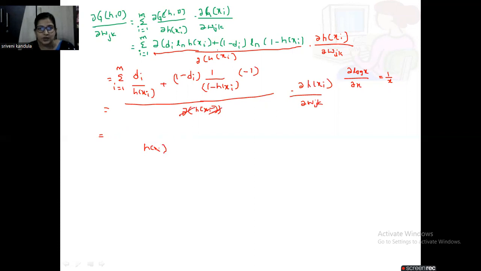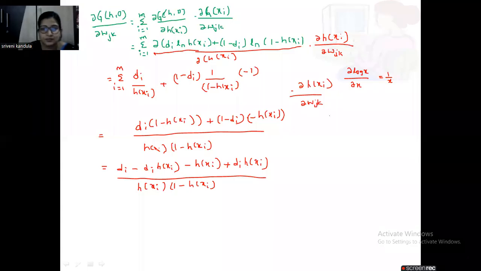This term will vanish because we applied a partial derivative. So if I simplify this, this is what I'm obtaining. And here, di into h of xi gets cancelled, positive and negative getting cancelled. So finally, we are left with the terms di minus h of xi divided by h of xi multiplied with 1 minus h of xi.